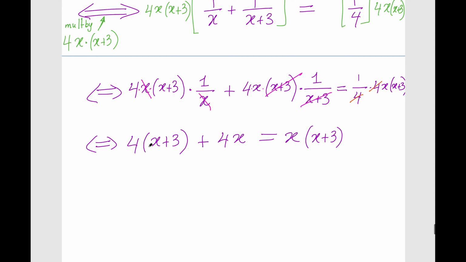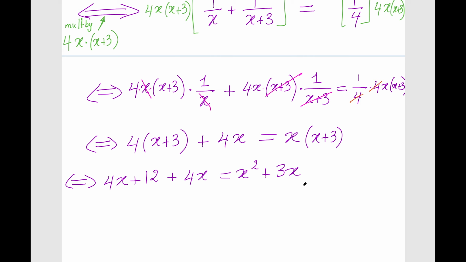All right, why is it easier to handle? Let's see why. How about we expand and simplify like terms? Okay, let's do this step. 4 times the entity x plus 3 is 4x plus 12, right? Plus this 4x equals x times x is x squared, and x times 3 is plus 3x, right?